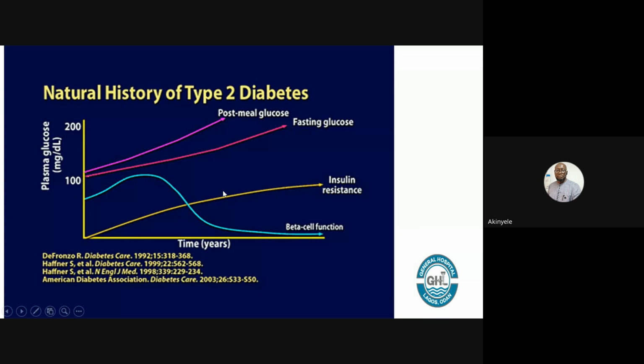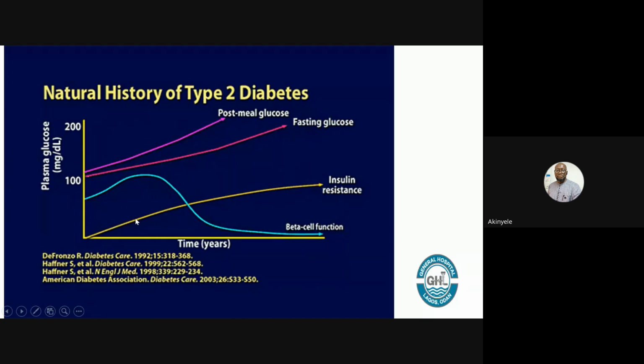In terms of the natural history of diabetes, like I told you, it starts very early, many years before the diagnosis is made. Anybody who has a family history of diabetes, anybody who is overweight, anybody who has hypertension, anybody who has a sedentary lifestyle is already on the road to diabetes, because such people tend to have insulin resistance.